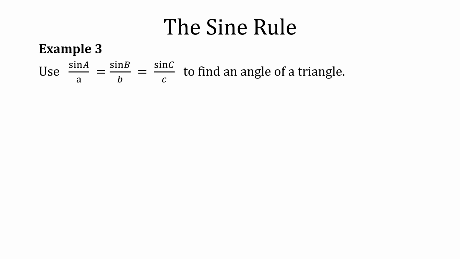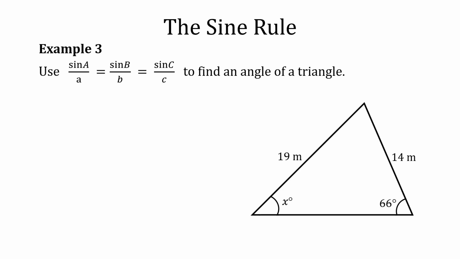We can also use the sine rule to find an angle of a triangle. This time round, we use the second formula where the angle appears at the top left corner of the formula. Here is an example. First, we look for a matching pair, pairing the unknown angle with its opposite side, and then finding another pair of angle and opposite side.